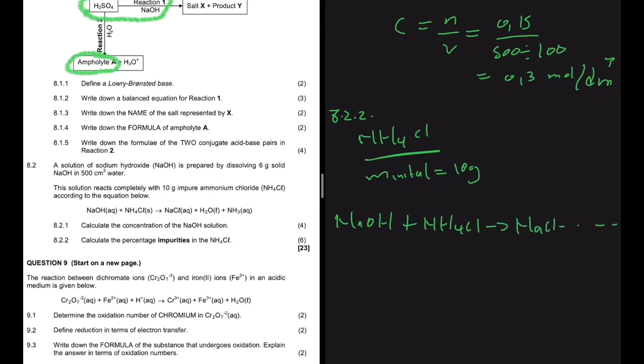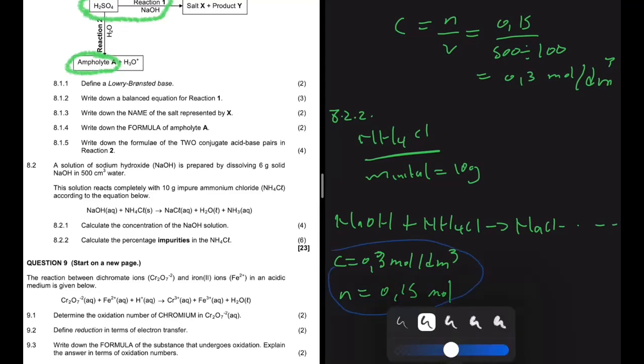So from the NaOH, we know that the concentration is equal to 0.3 moles per decimeter cube, and then the number of moles is 0.15 moles. And then we're supposed to use this information to ultimately find the mass of NH4Cl, right? Because there's no way we can find the percentage purity without knowing the mass. So how are we going to do that?